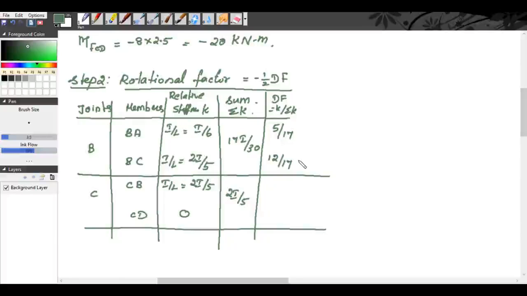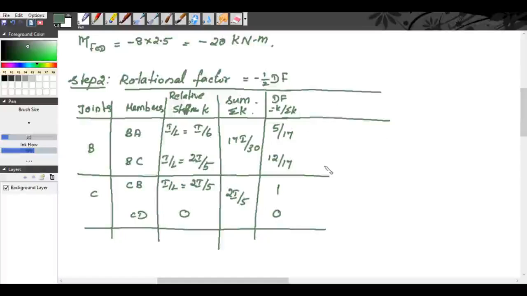Now you add these both, 5 by 17 plus 12 by 17, the summation should be equal to 1. Now here it is 2I by 5 divided by 2I by 5, the distribution factor is 1. For CD, it is 0.